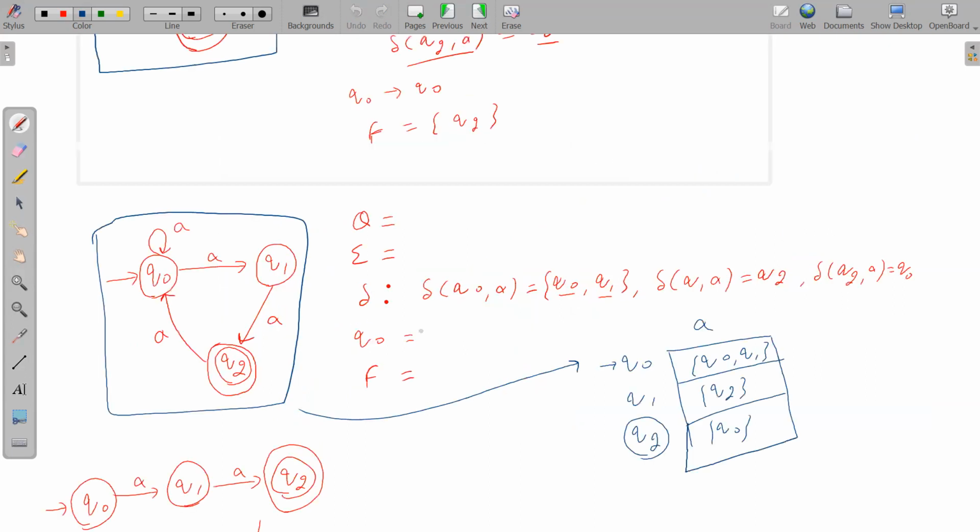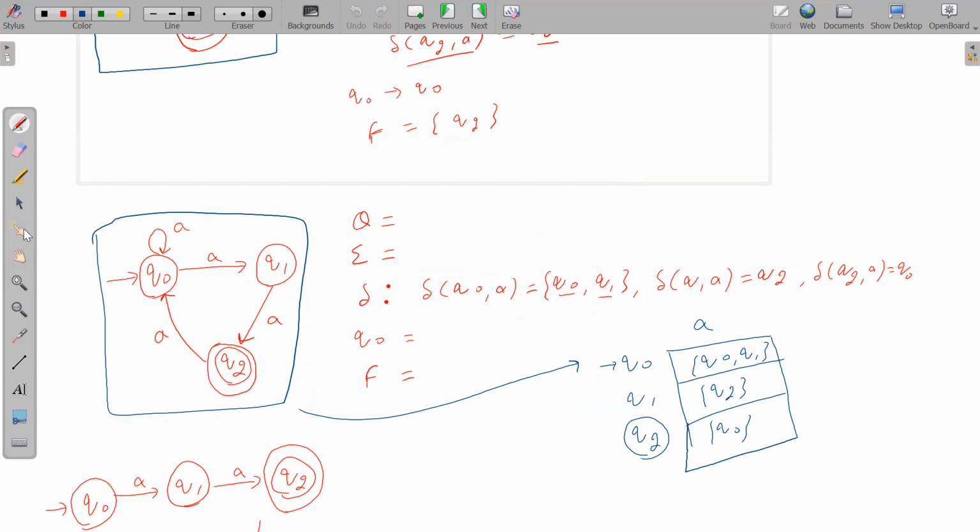Now I have written in set format. Whenever we are making a table for NFA, we have to write the states in set format itself. So this is the basic idea.